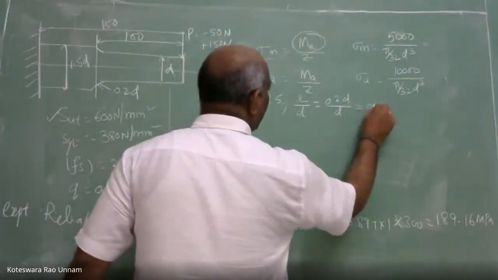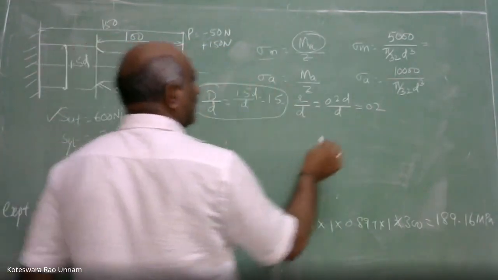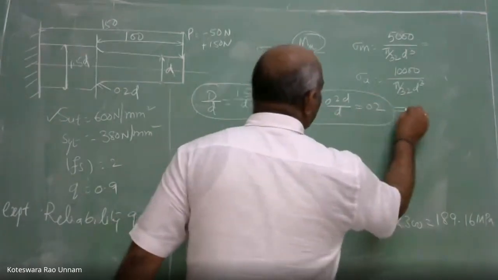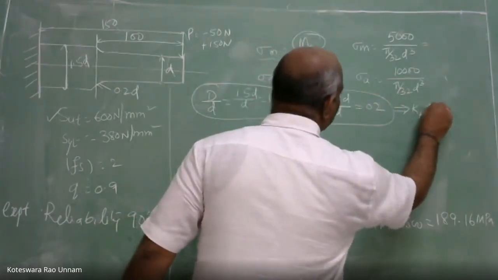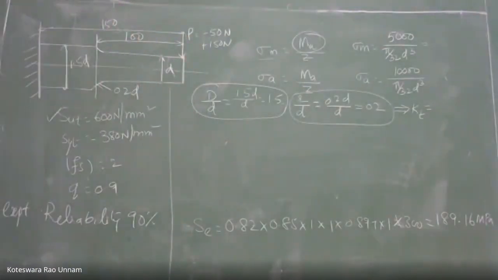So which is 0.2. Now capital D by d is equal to 1.5 and small r by d is equal to 0.2. For these two values, from the data book we need to pick the value of KT, the theoretical stress concentration factor.